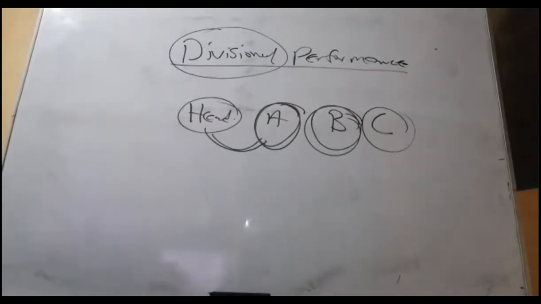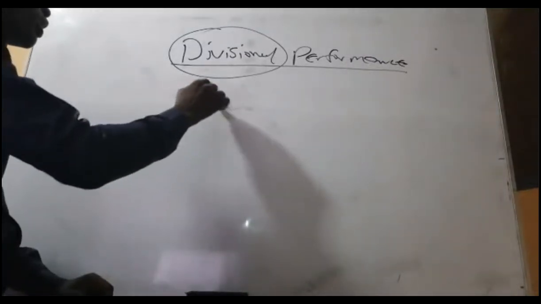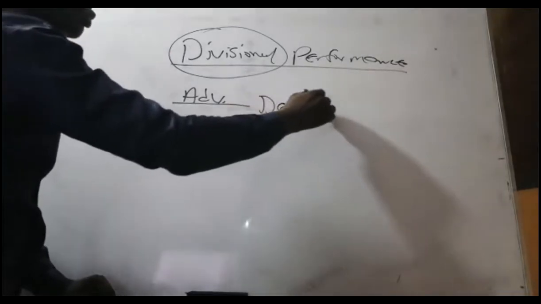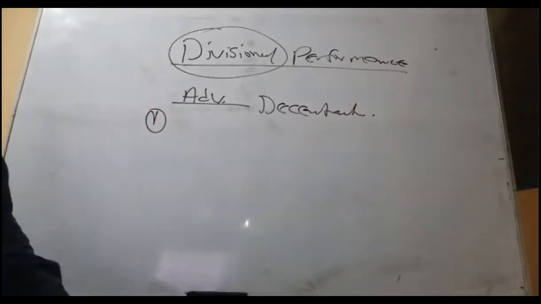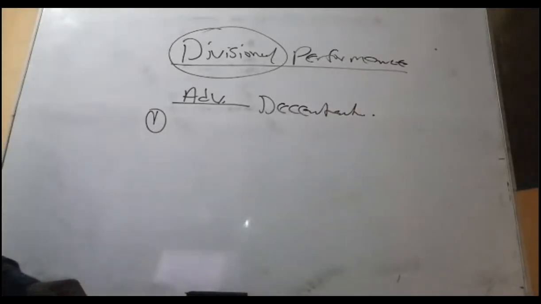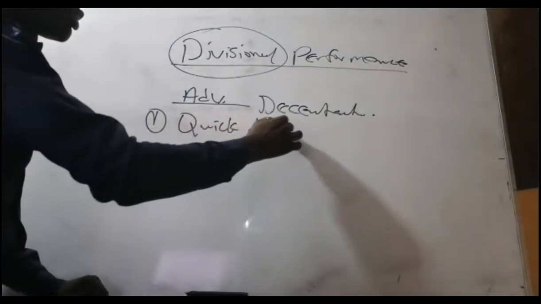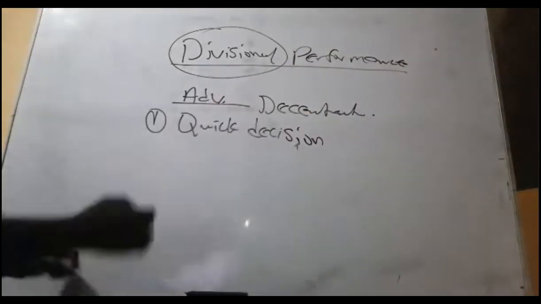Okay, so we can also talk about how it improves motivation. Wow, I like that. So we are saying that the advantages of decentralization: one, we talk about quick decision making, because you don't need consultation or the decision does not go through a long chain.